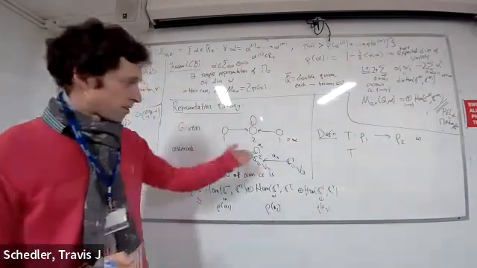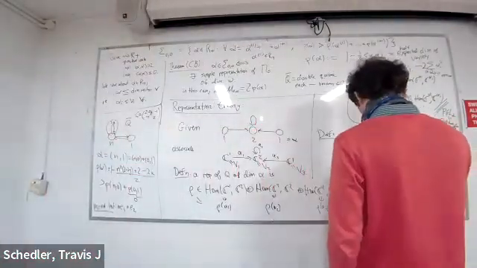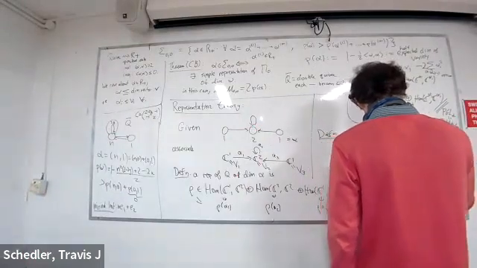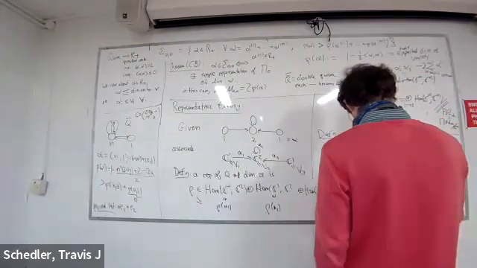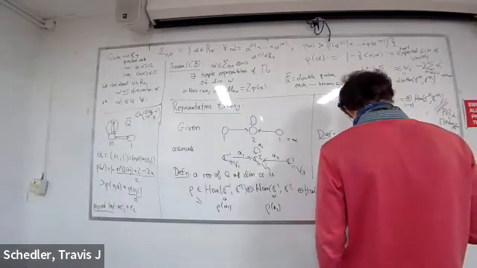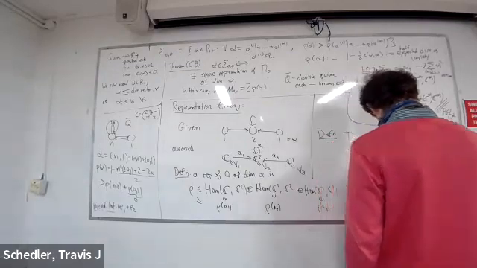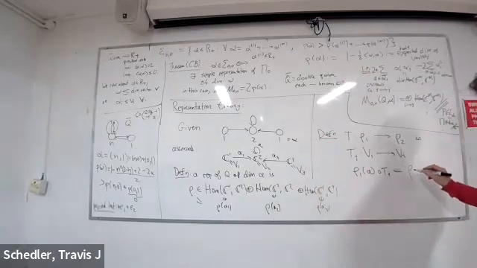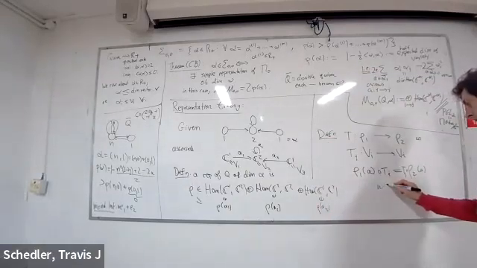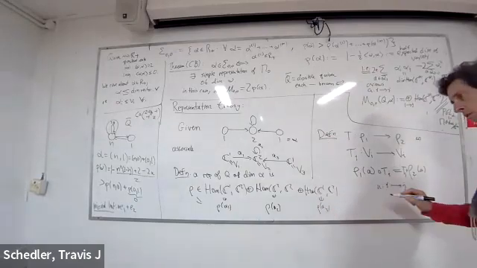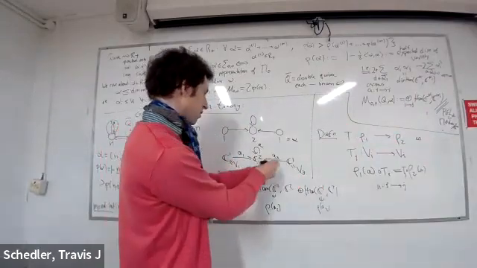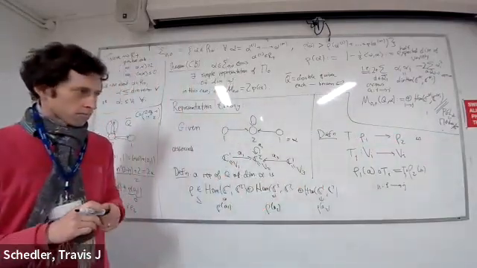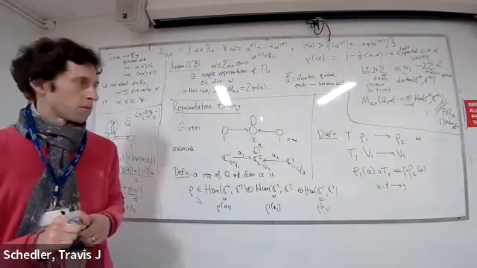That's going to be T_i going from V_i to V_i, such that row 1 followed by T_i is equal to T_j followed by row 2, where the arrow is going from i to j. These are vertex 1, vertex 2, vertex 3 here. Okay, so that's a homomorphism.